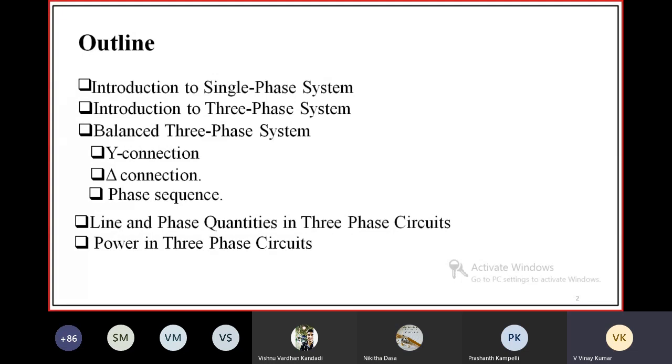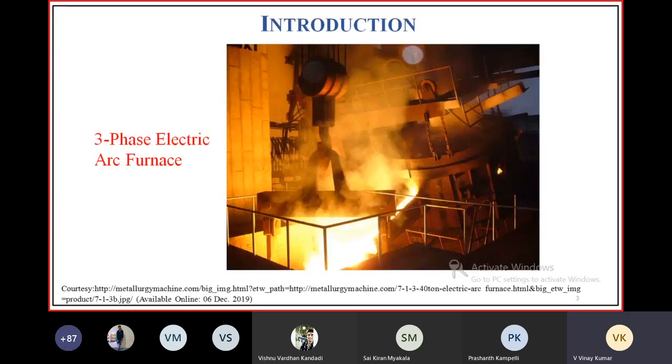In that, we are going to discuss star connection, delta connection, phase sequence, as well as line and phase quantities in three-phase circuits, and power in three-phase circuits. Today we are going to discuss all these topics.